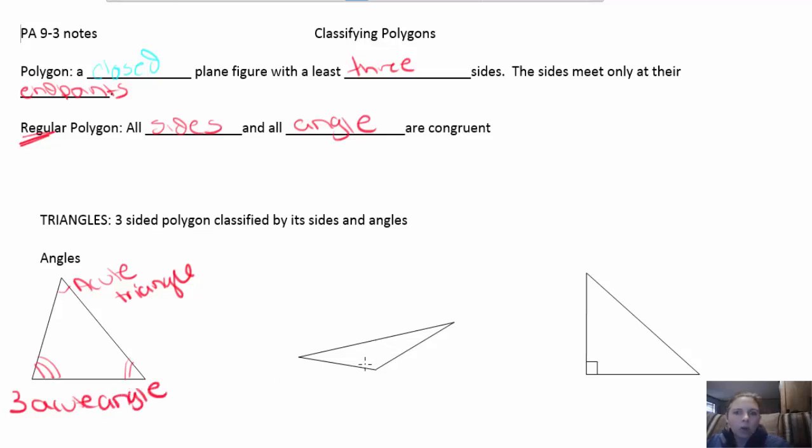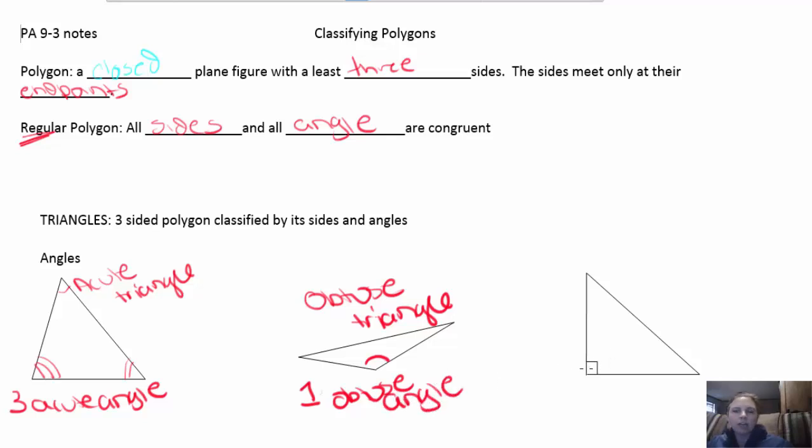This one has 1 obtuse angle, so it's an obtuse triangle, because you can't have more than 1 obtuse angle in a triangle and still make a triangle.